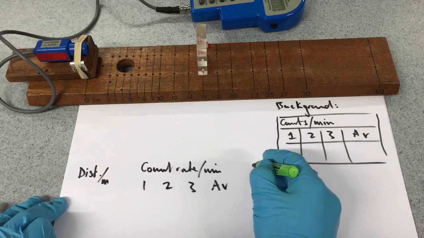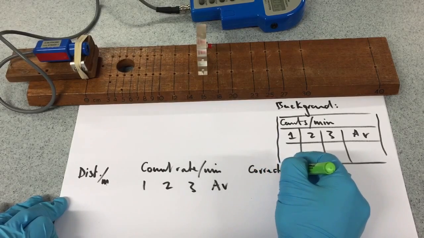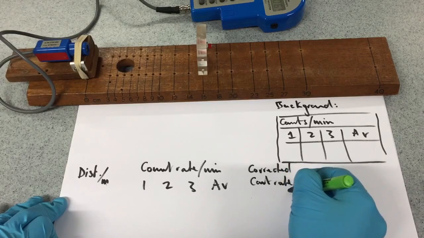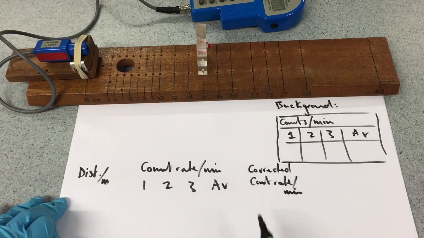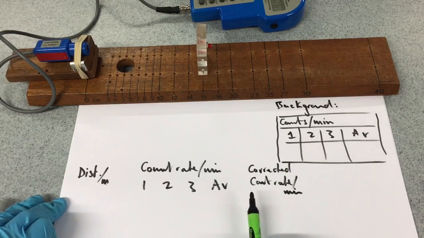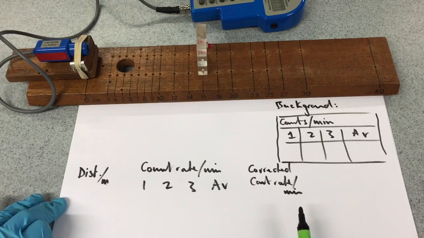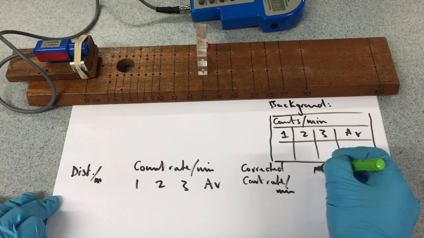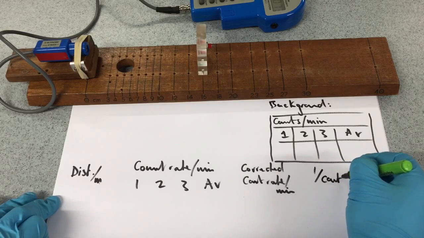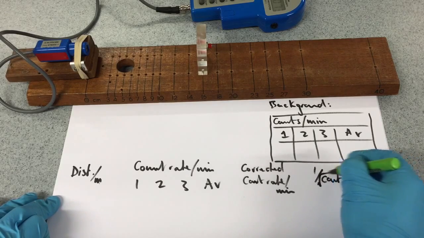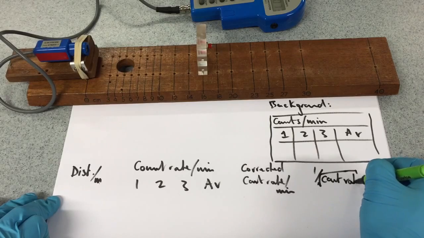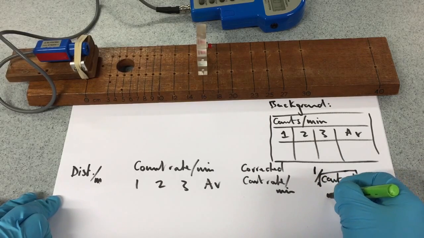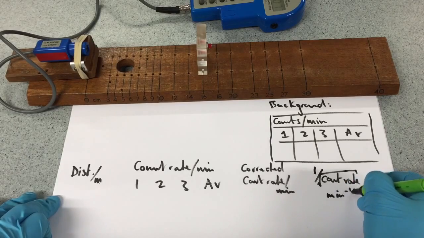We probably then want a corrected count rate per minute, because we want to take the background count off of that. And then we're looking to get 1 over the square root of the count rate, and that will be minutes to the minus a half.